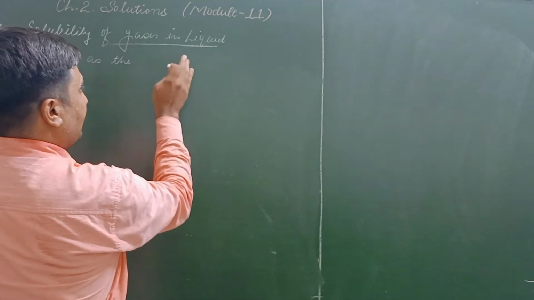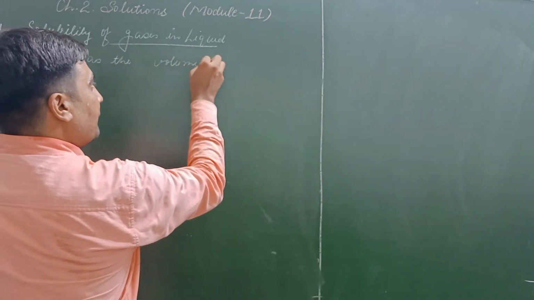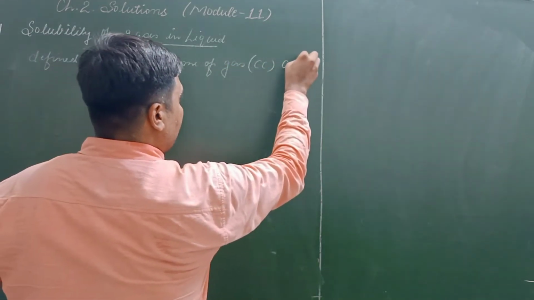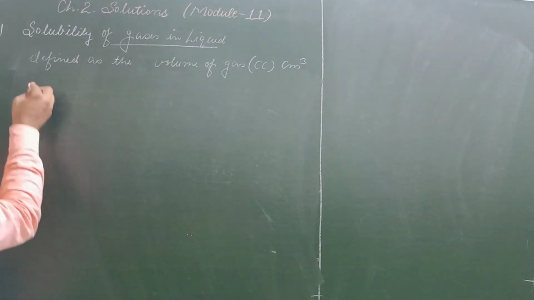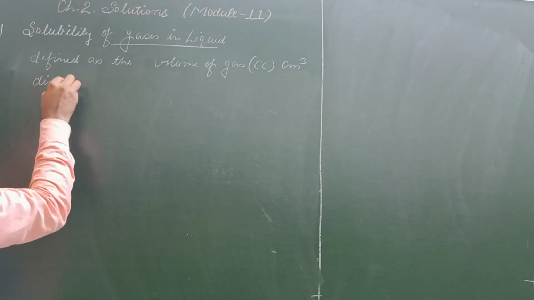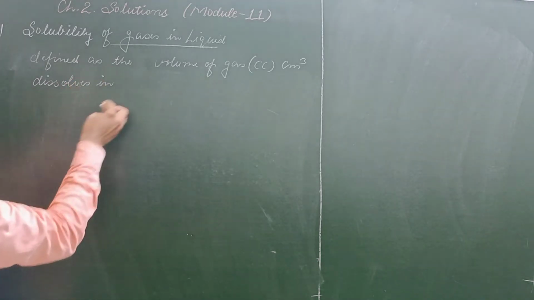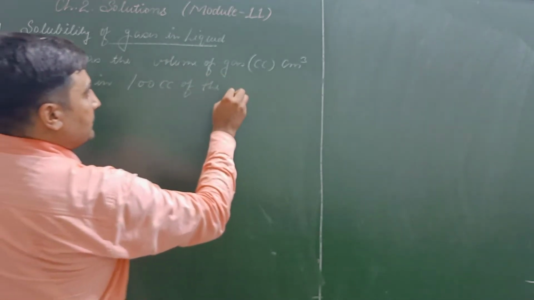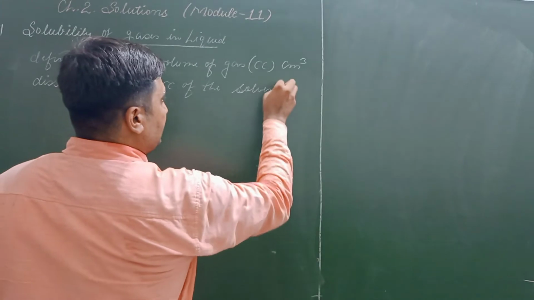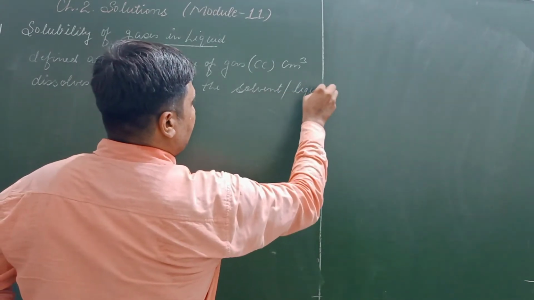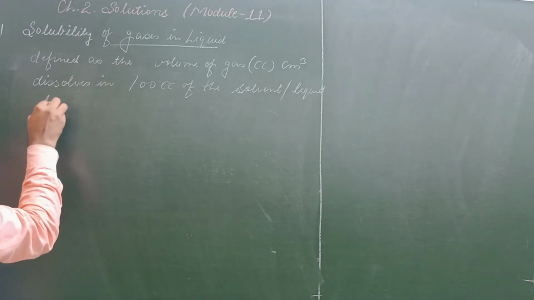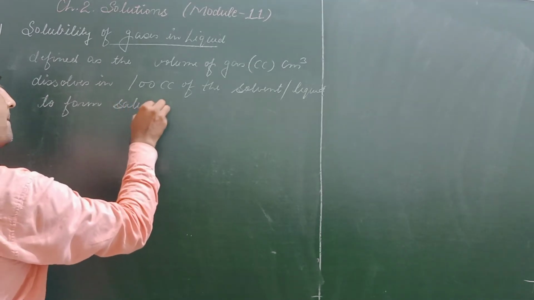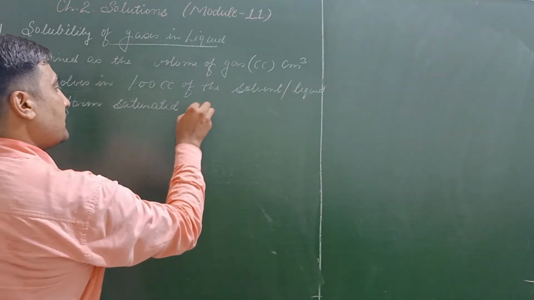Instead of mass we can take volume of gas in cc, that is centimeter cube, dissolved in 100 cc of the solvent or liquid to form a saturated solution.